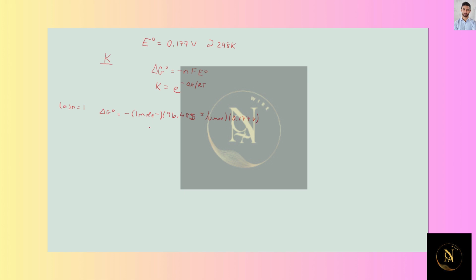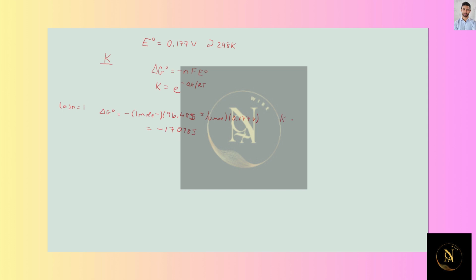So delta G is equal to negative 17,078 joules. So then I'm going to plug that into my equation for K over here.